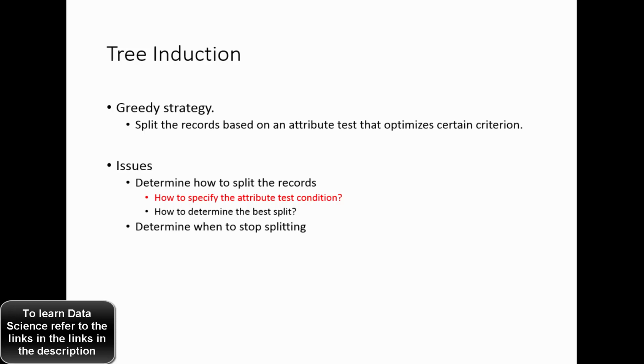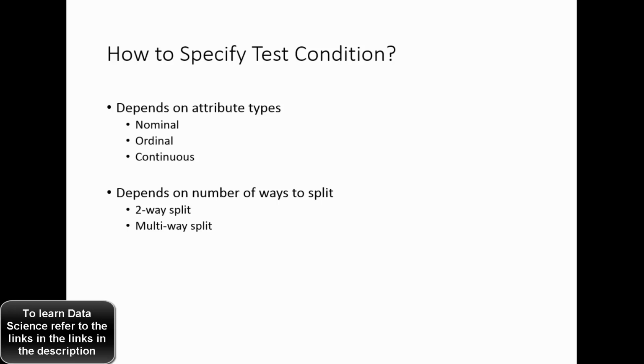So the first thing we'll see is how to specify the attribute test condition. The test condition will depend on what kind of attribute we're looking at. Remember what attributes we're looking at: somebody is going to cheat or not. So it depends on income, and it depends on whether he is married or not.